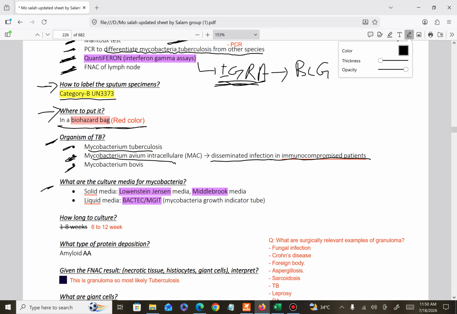What are the culture media for Mycobacterium? It can be solid media or liquid media. The solid media can be Lowenstein-Jensen media and Middlebrook media, and the liquid media is Bactec MGIT. MGIT means Mycobacterium growth indicator tube.